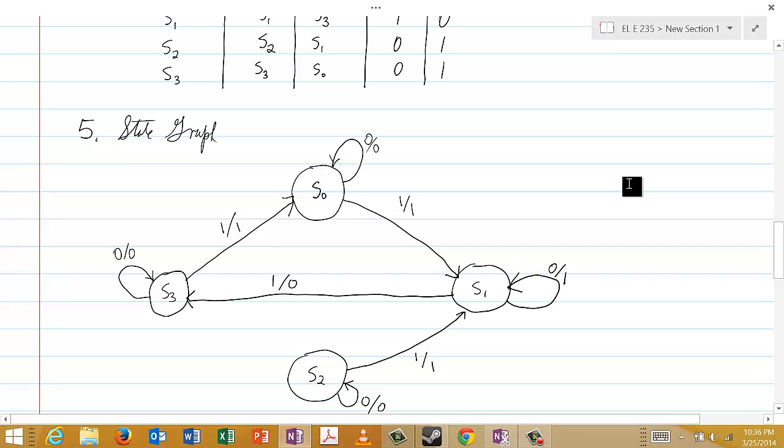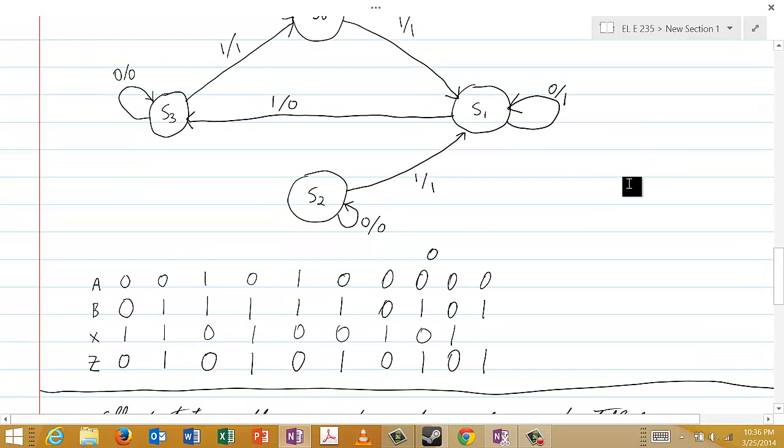And so, as a final note about this sequential circuit, just as we did with our last sequential circuit, we will give an input sequence of x's.